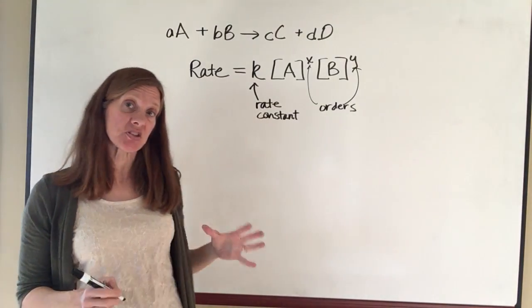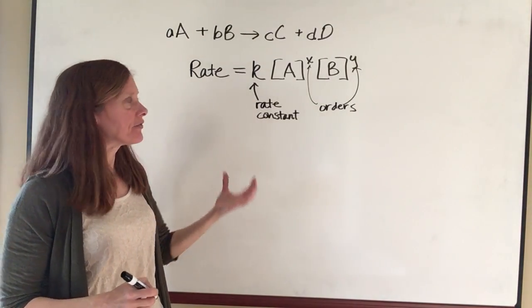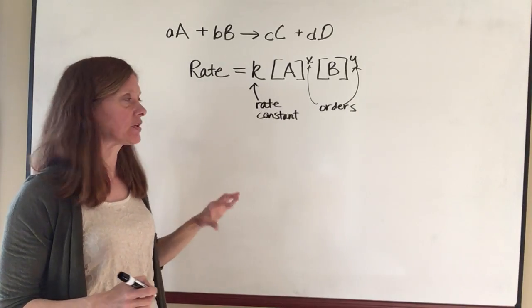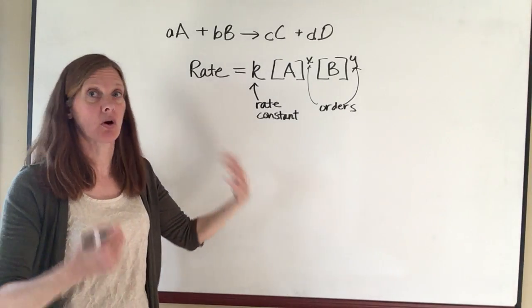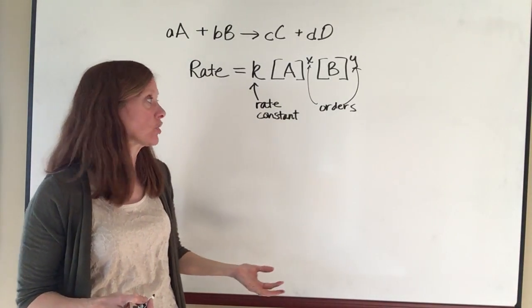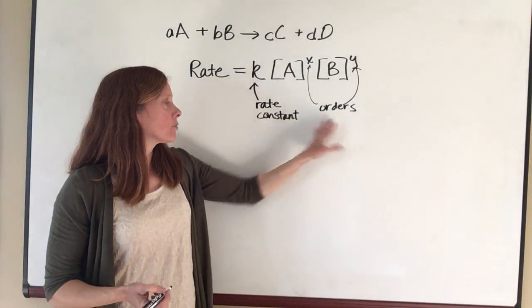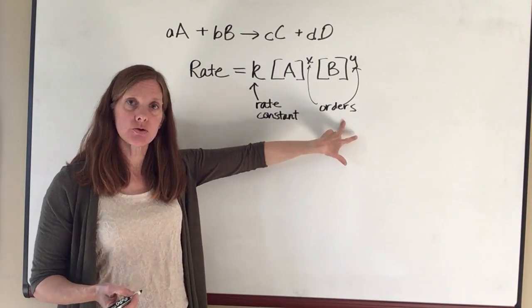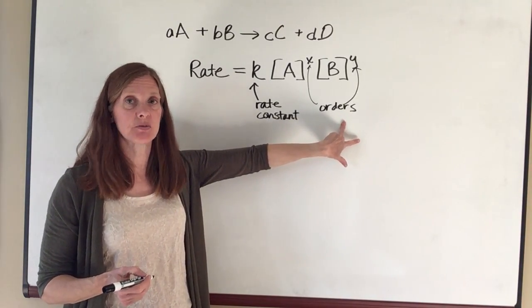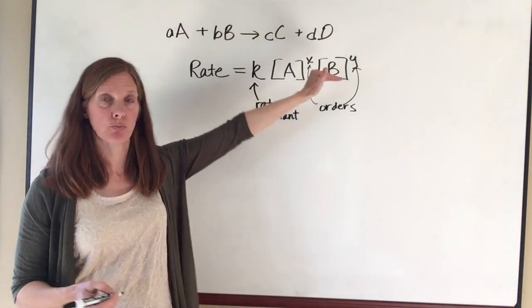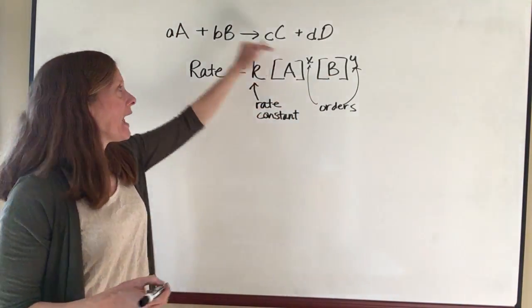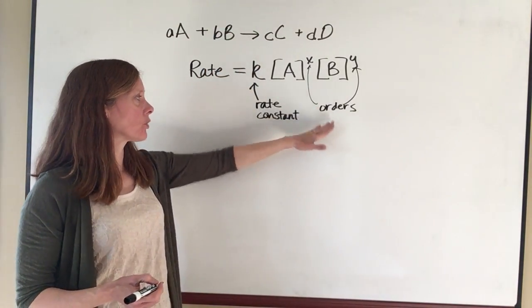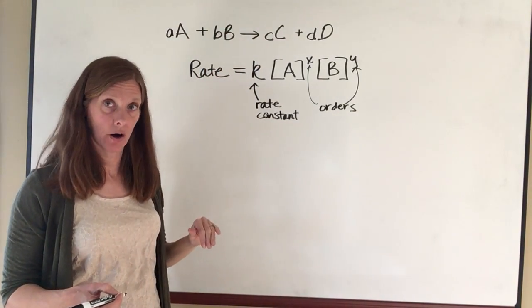Now, they may be the same, but if they happen to be the same, it has nothing to do with the fact that those also are the coefficients. It's just more of a coincidence. Rate constants and rate orders always have to be determined by experiment. There's no way to look at the equation for a reaction and determine what the orders and the rate constant are.